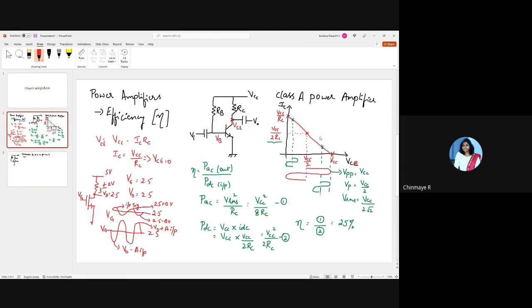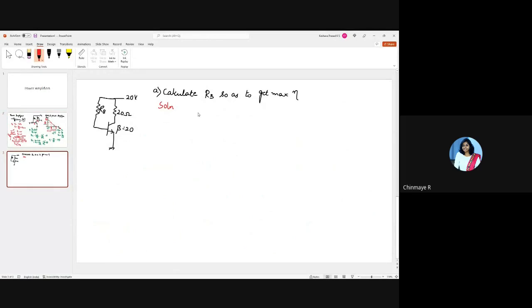Look at this. So the efficiency is maximum when the swing is maximum. For the swing to be maximum, IC must be equal to VCC by 2RC. Then only you get the maximum efficiency. Correct? So now calculate what is VCC by 2RC.